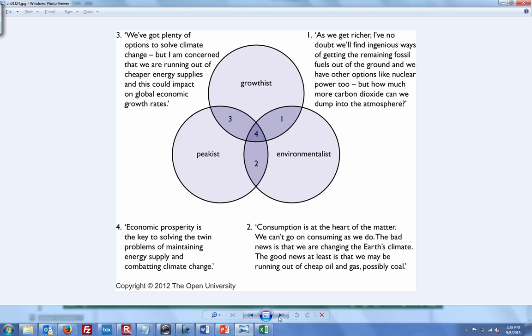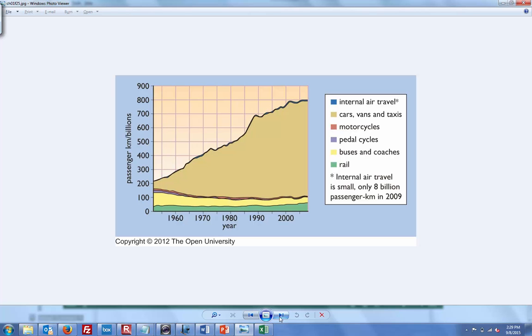Okay. And then, I always find this to be fascinating, to show how much further we either need to, or have to, or feel compelled to drive. And this is just the UK. It's always sad to see the pedal cycle on the downturn, but oh well.